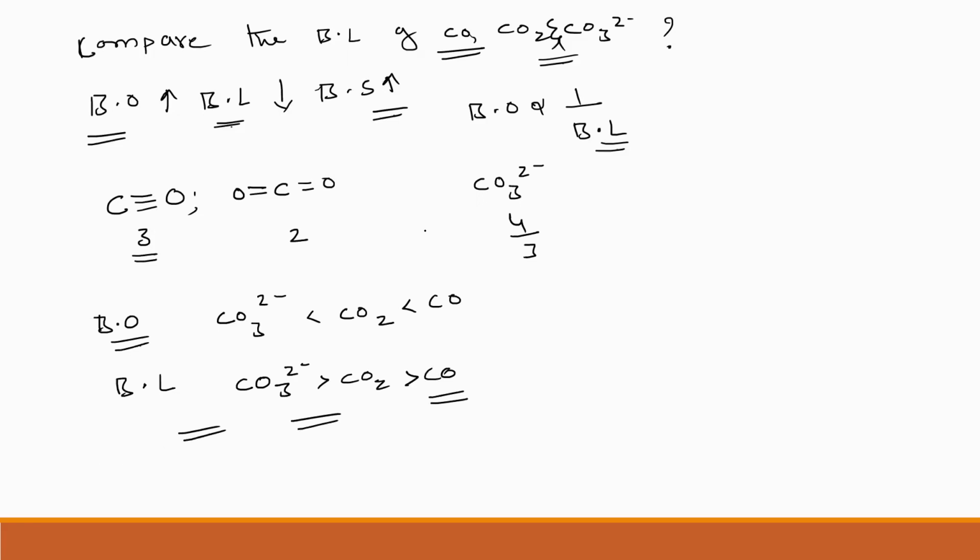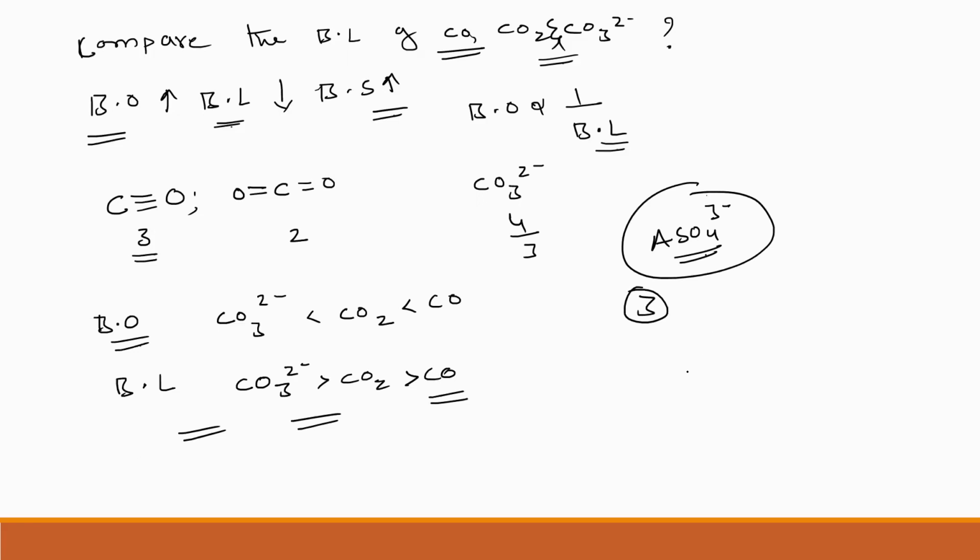Okay, similarly, take one more example. One more example I am taking is the arsenate ion, AsO4 3 minus. What is the bond order between arsenic and oxygen in this case? I am using the third method: valency of bonded atom plus charge, plus or minus, divided by total number of bonded atoms.